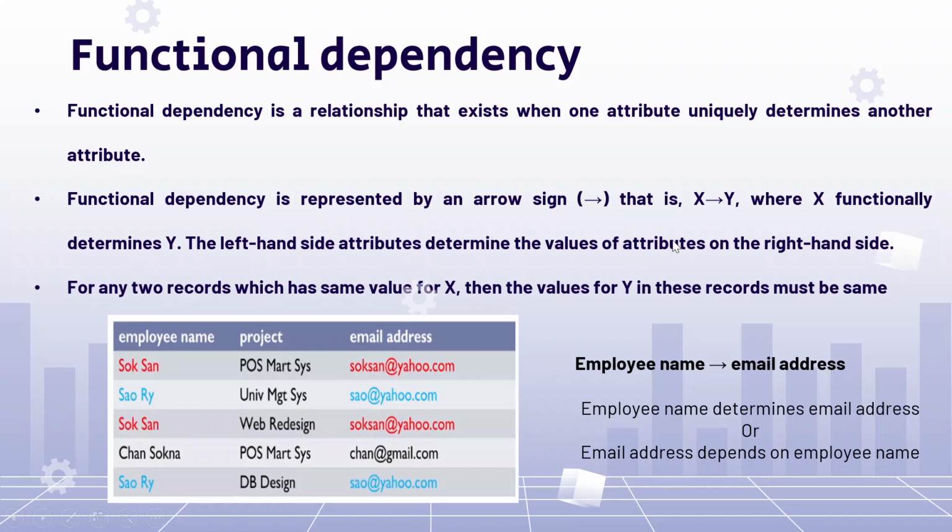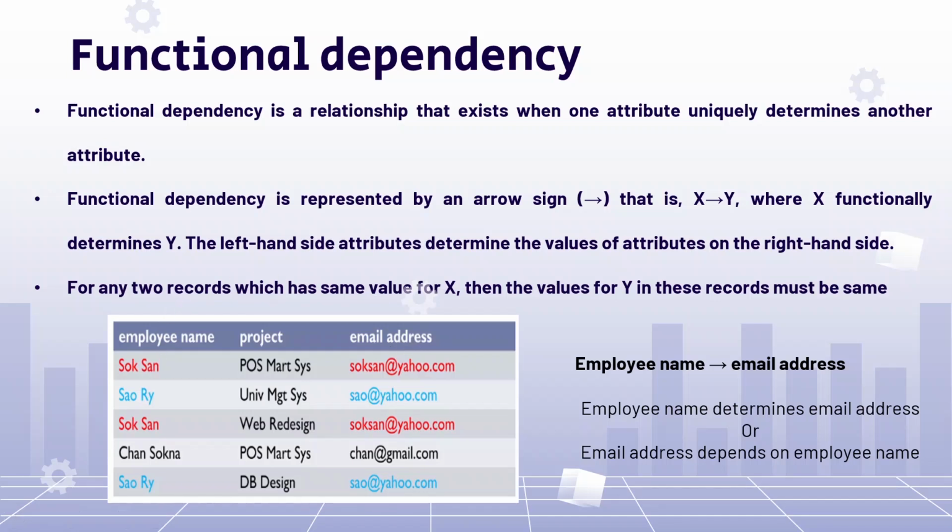If you see this table, we have three attributes: employee name, project, and email address. For all the same values of employee name, the email address values are also the same. So we can say that employee name determines email address, or email address is dependent on employee name.